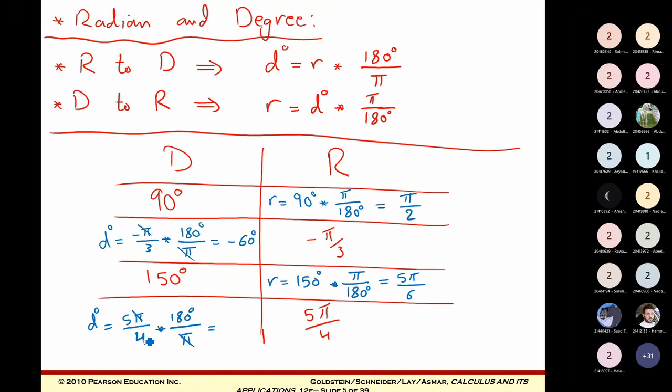So we divide by 4, 180 divided by 4 is 45 degree. 45 degree times 5 equals 225 degree. Okay, any question? This is the formula to convert from degree to radian and from radian to degree.